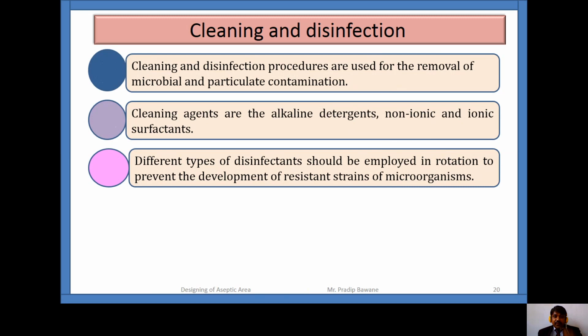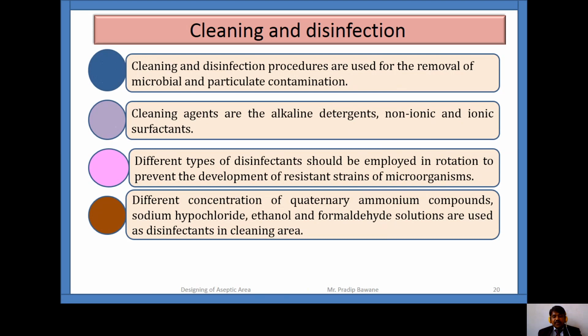For example, if we use the same single type of disinfectant again and again, there is a chance of the microorganism developing resistance, and that is why we have to use the disinfectant in rotation so that we can avoid the creation of resistance by the microbial strain.